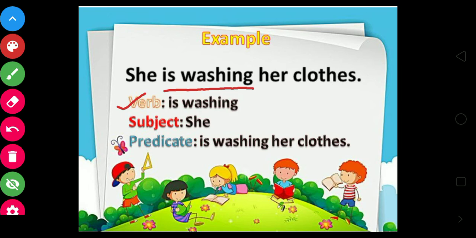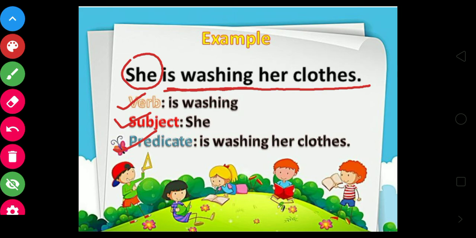So what is the answer? She. We have the answer as she. So she becomes the subject. And the remaining part of the sentence, that is washing her clothes, becomes the predicate.